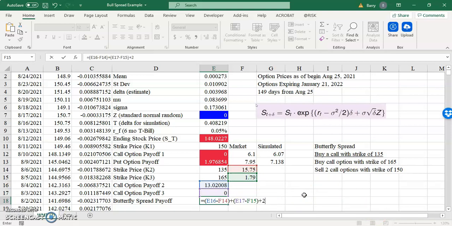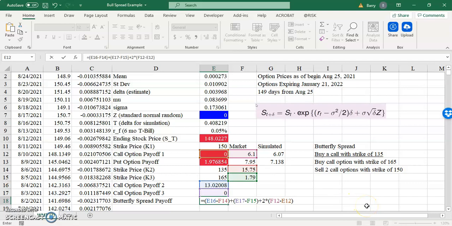And then for the third one, it involves two options, so we'll multiply 2 times this net payoff, and we're selling the call options. So when we sell the call options, we're going to receive the market price and then pay out the payoff.